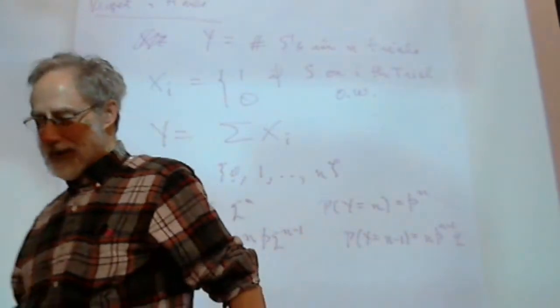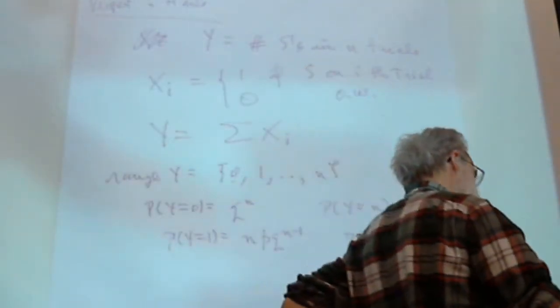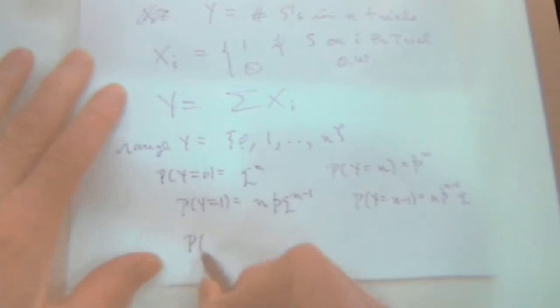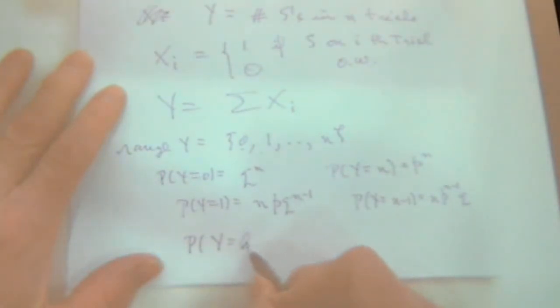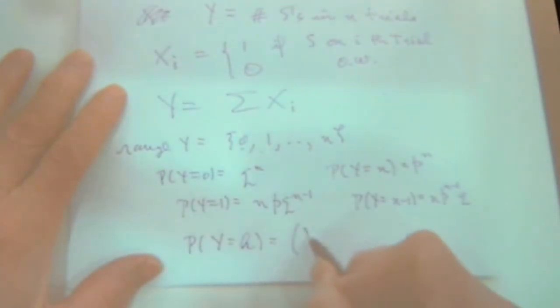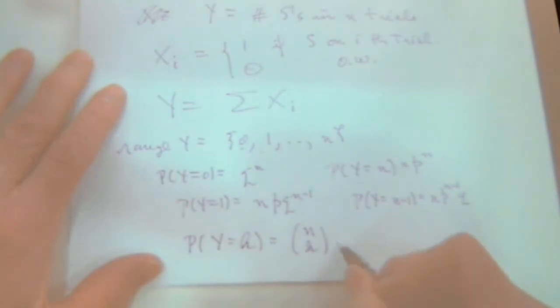What's the others? Well, then you have to do a little bit of combinatoric theory. It's not hard, but it's not part of this class at all. Just give you the answer. Actually, it's nice to note that in this example, you can get an answer in closed form.